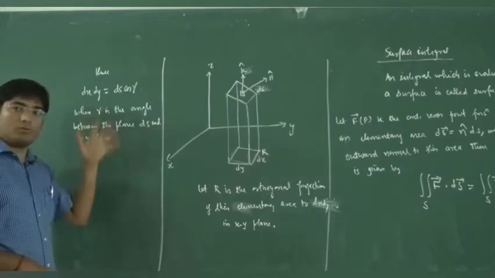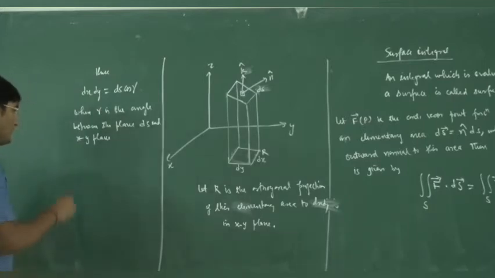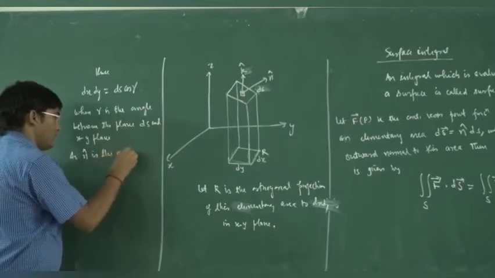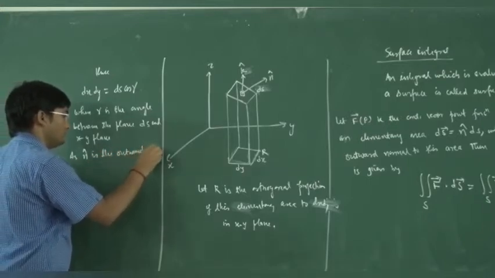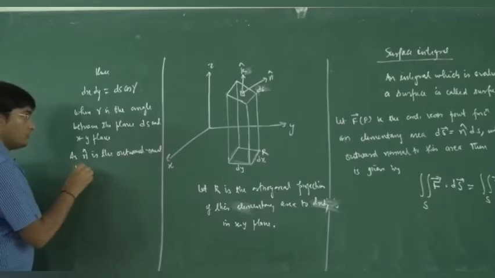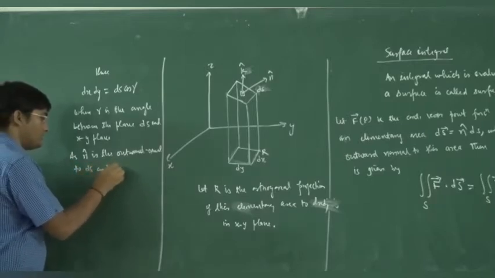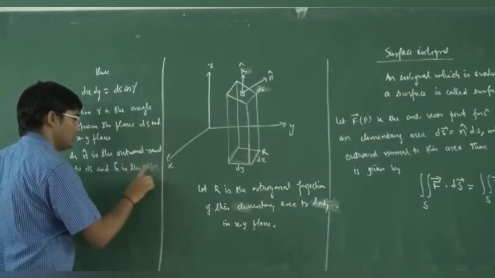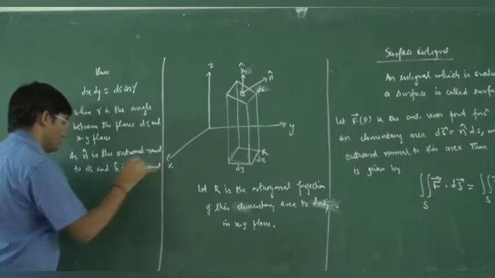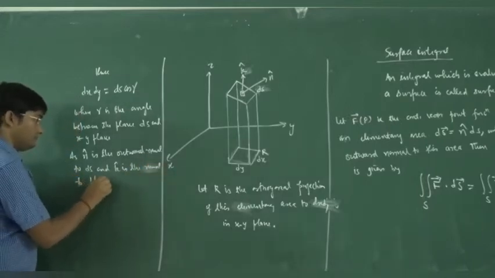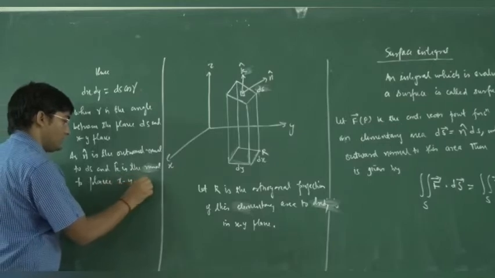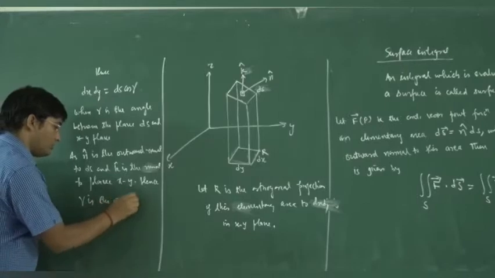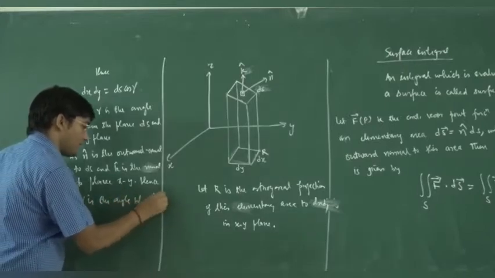So that means your gamma will be the angle between n cap and k cap, where n cap is the outward normal to your ds and k cap is the normal to the plane xy. Hence your gamma is the angle between n cap and k cap.